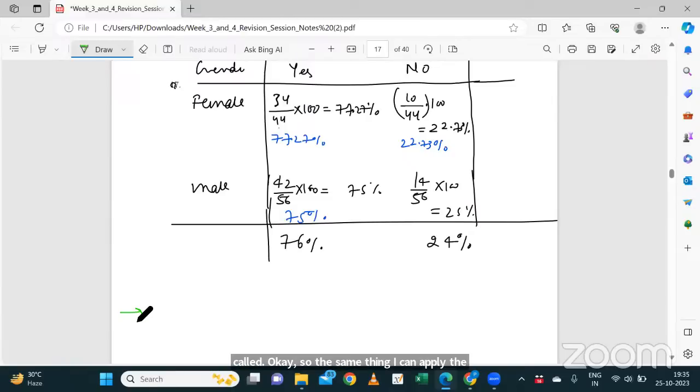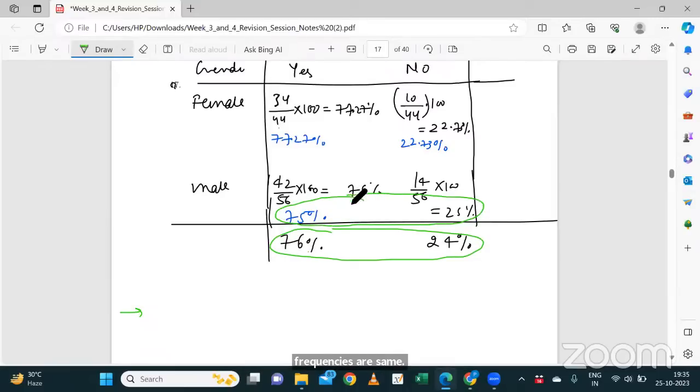I will tell you why. Can you see this row relative frequency, 76 and 24, is about this one, or about this one also? Both are approximately close, there is no significant change.